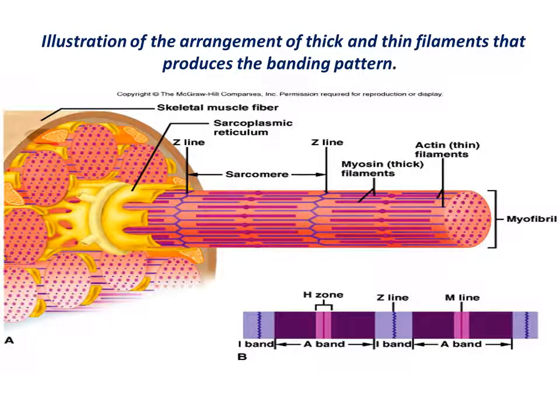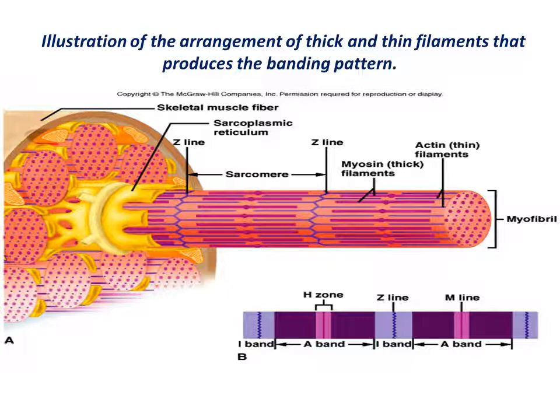This picture illustrates the arrangement of thick and thin filaments that produces the banding pattern, or striated pattern, of skeletal muscle. Okay, here the dark purple color is actin fiber, and the dark pinkish color is myosin fiber.